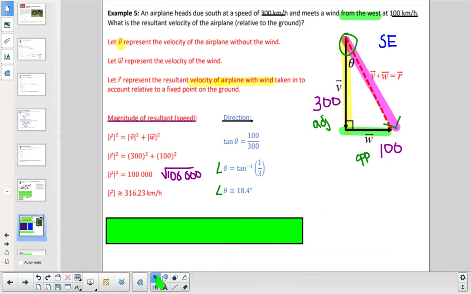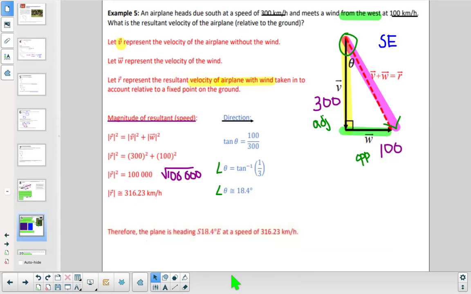The direction also needs a bearing: north, south, east, west, northeast, southeast, northwest, southwest, that sort of thing. So every word problem needs to have a statement that contains the specific direction. So that plane in this particular question is heading south 18.4 degrees east at a speed of 316.23 kilometers per hour.